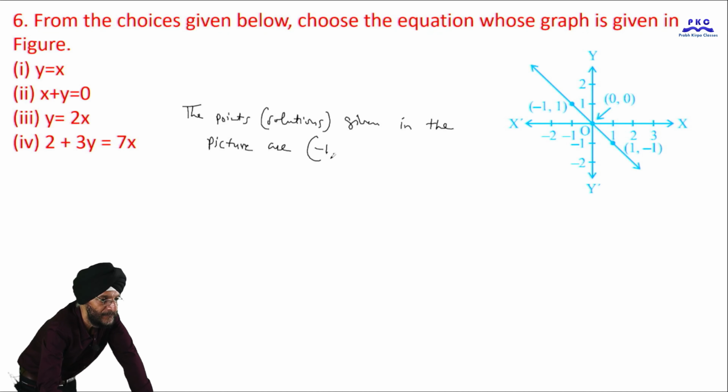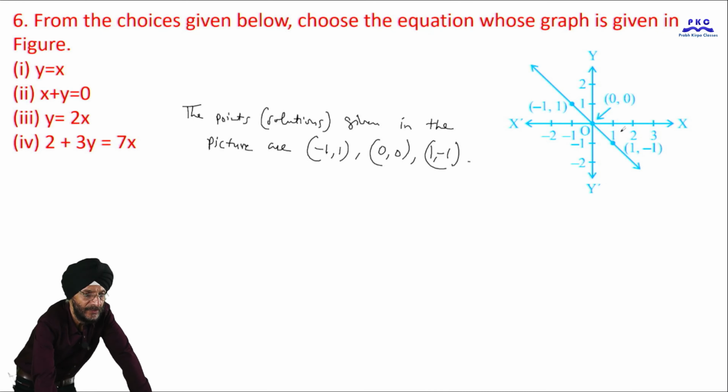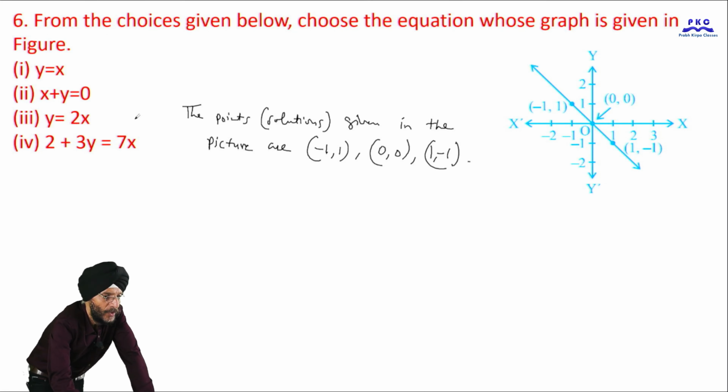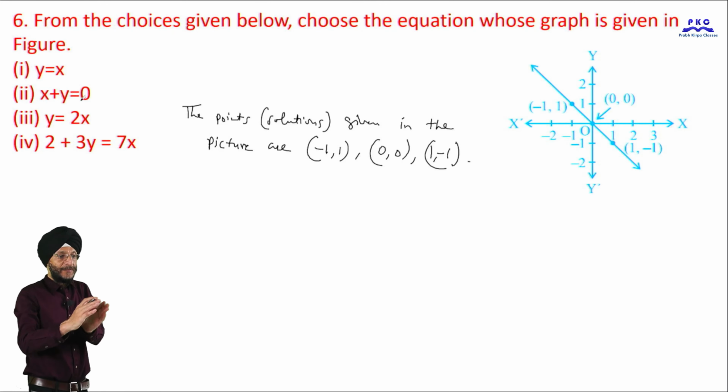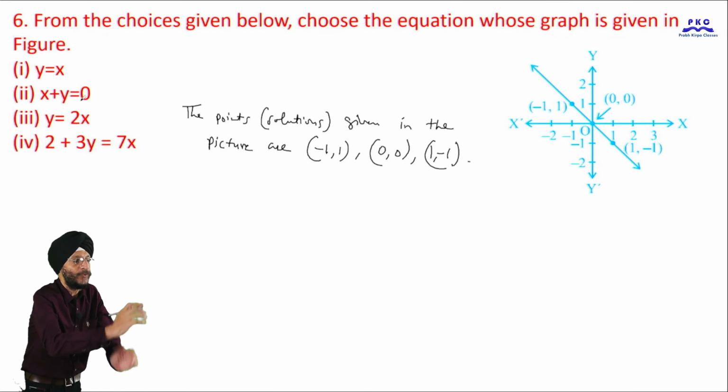-1, 1, here it is. Next is 0, 0, and the third one is this 1, -1. These are the solutions, or these are the points, 3 points. So now we will fill each of these points one by one into each of these 4 equations.